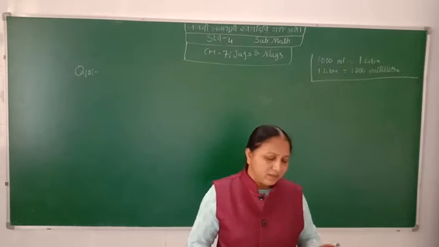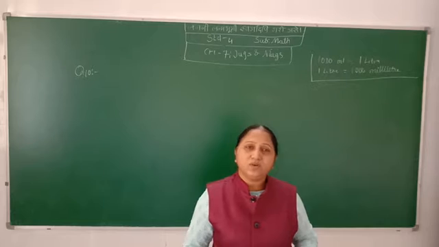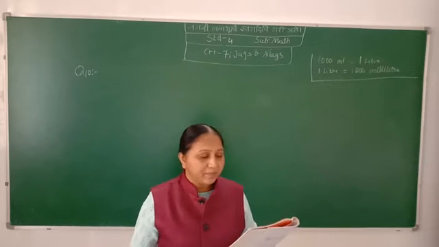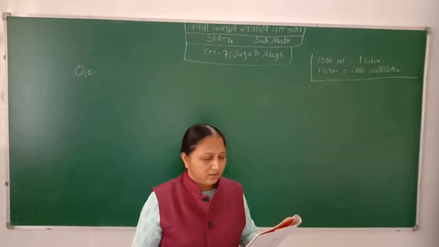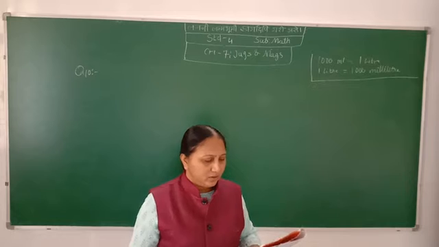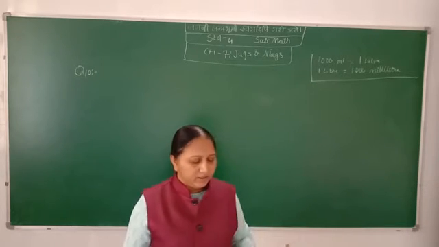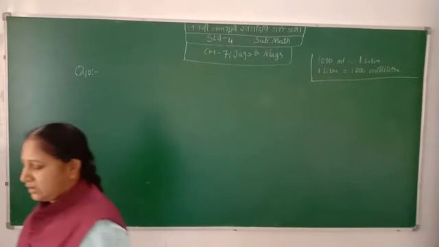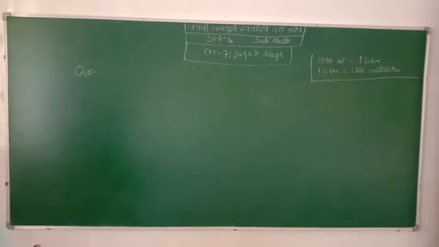Okay? So a bottle has the capacity. Answer the following question. A bottle has the capacity of carrying half liter. How many bottles of milk are needed to fill a vessel of capacity 2 liters?